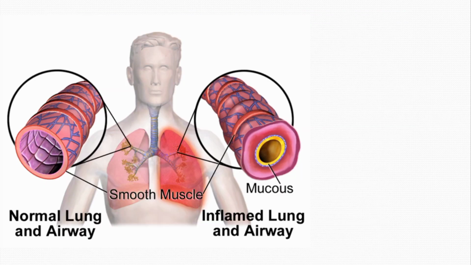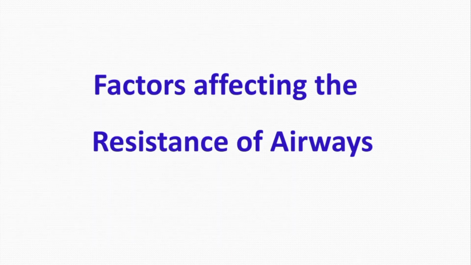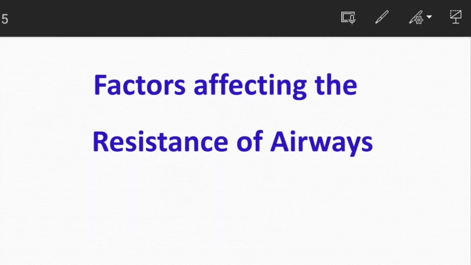Now having said this, the smallest bronchioles do offer great resistance in certain pathological conditions like edema, mucus collection, or if there is smooth muscle contraction in their walls. Now let us discuss various factors which determine the resistance of airways.